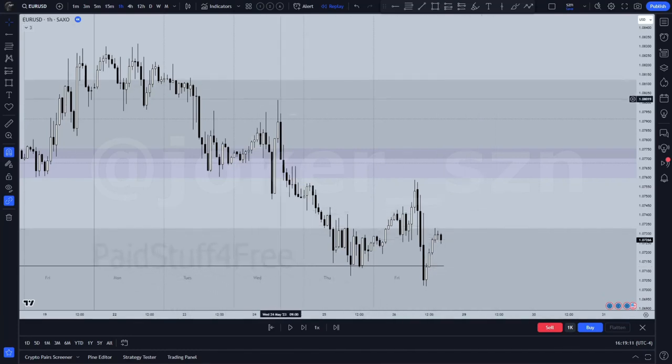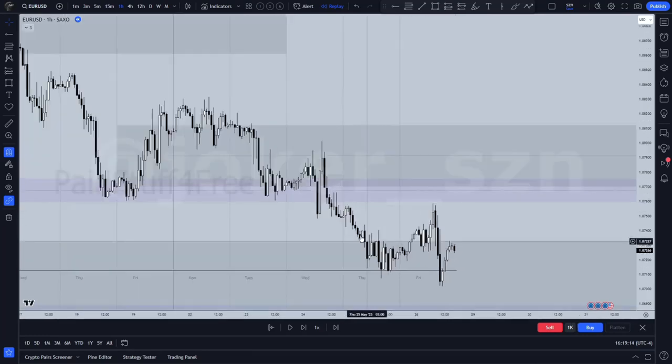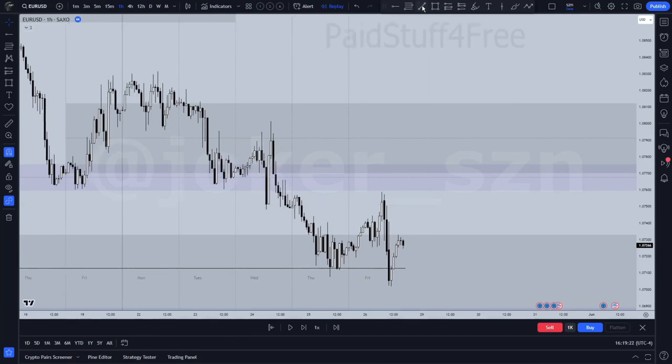So we now have the H1 here, and what we can see, we have Friday's lows right here, so the previous week's lows, and we also have, as you can see here, on the H1 the stop hunt above those highs, and we then broke structure to the downside.